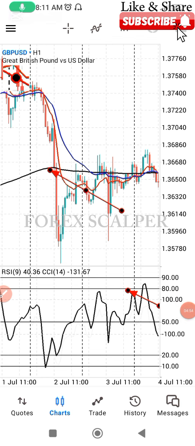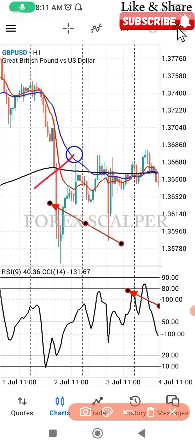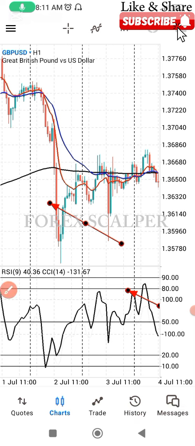So, immediately price crosses this moving average and it is now to the downside, it is not enough to conclude that it is a downtrend.